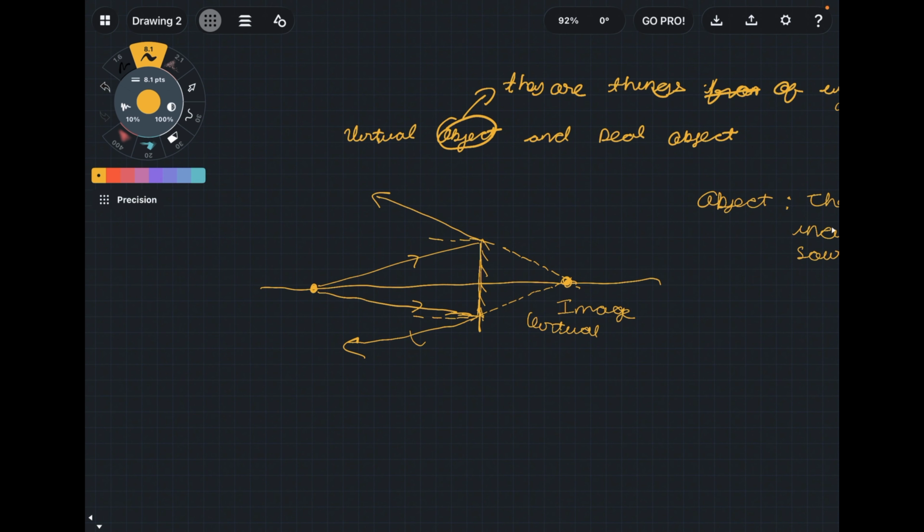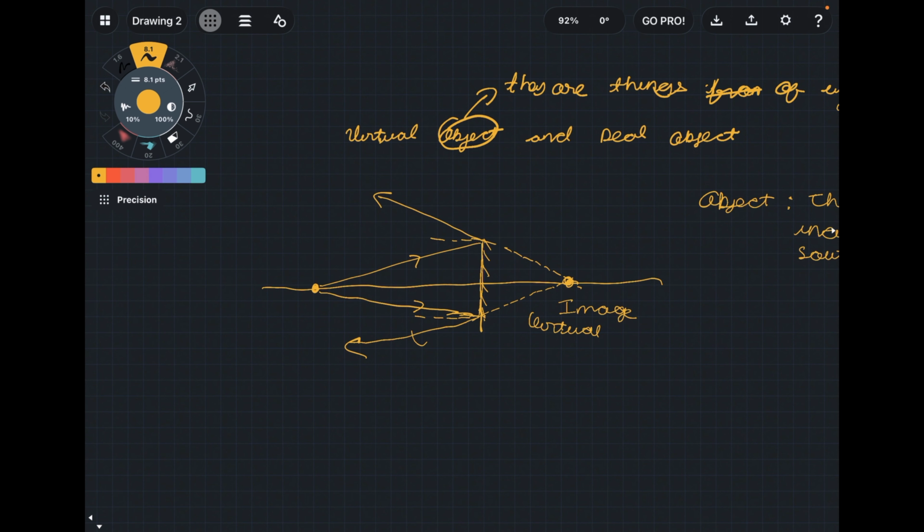And in this diagram, let me just label this. These incident rays, these two, are intersecting at this point here, which is also our light source.